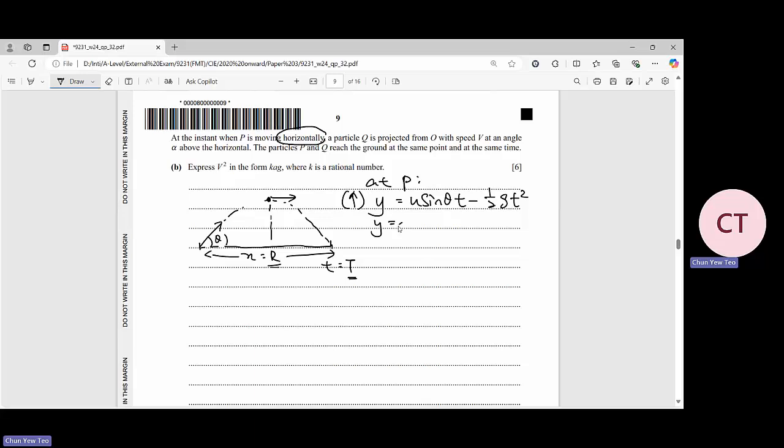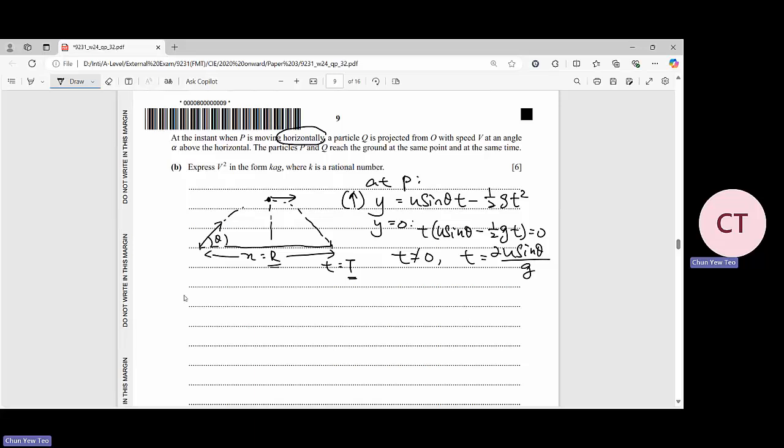So when y equals 0, you can factorize the t out, so you get t times u sine theta minus a half g t. Your t is not equal to 0. Therefore, your t must be equal to 2u sine theta over g.